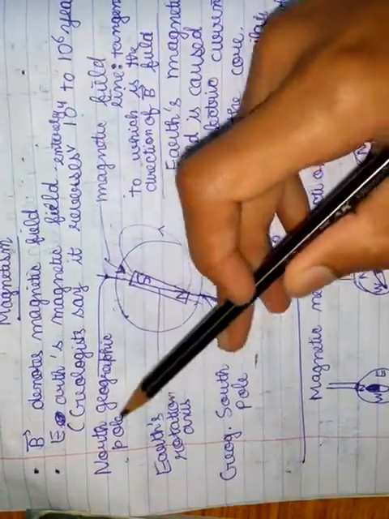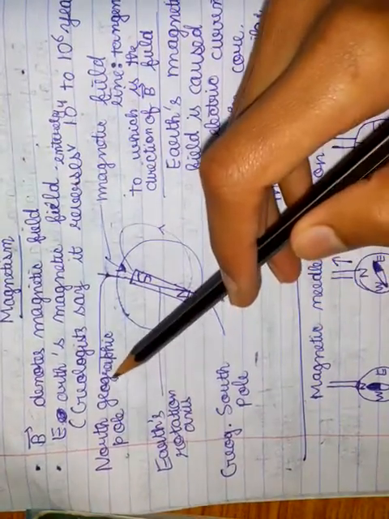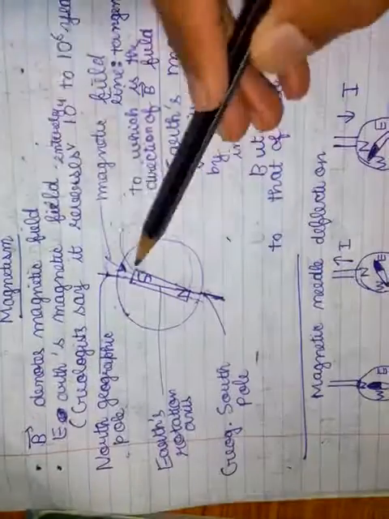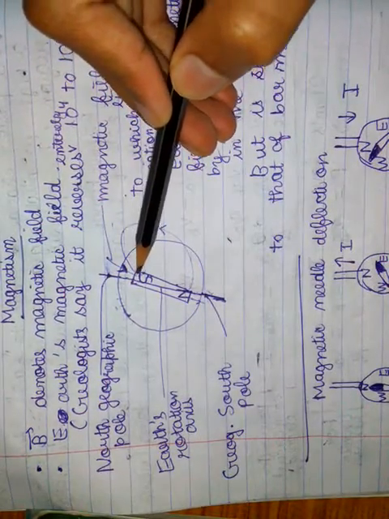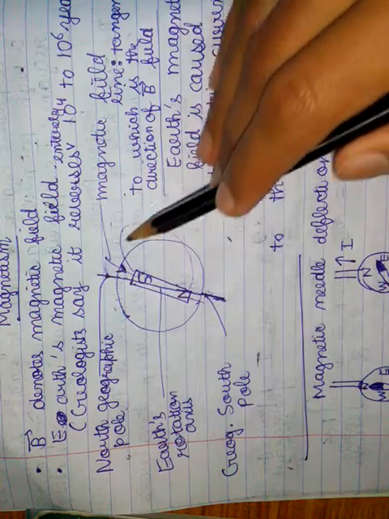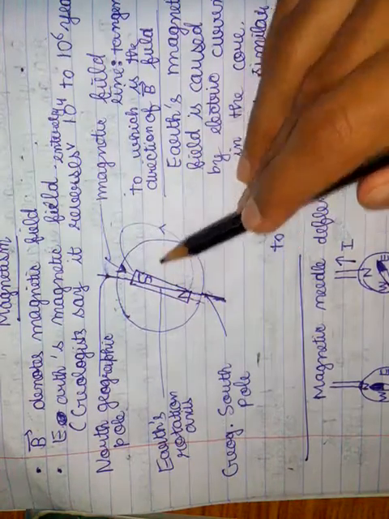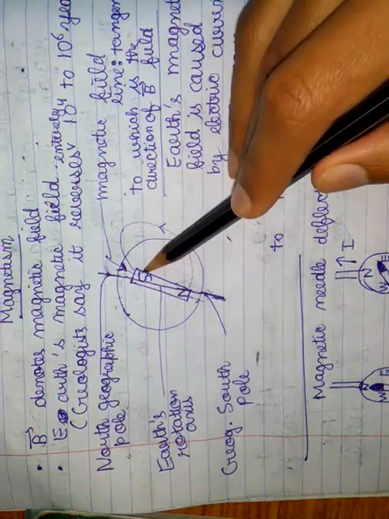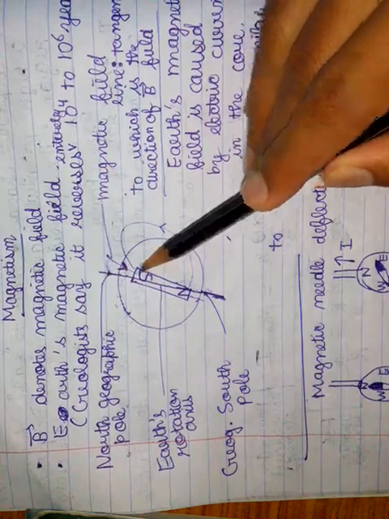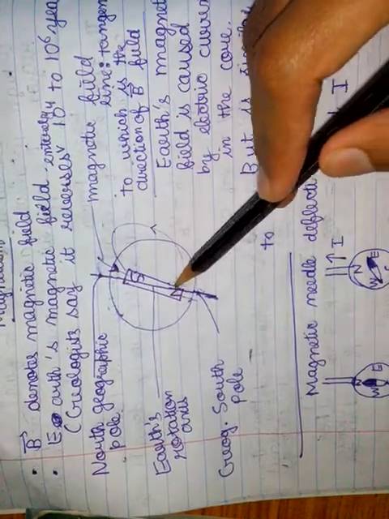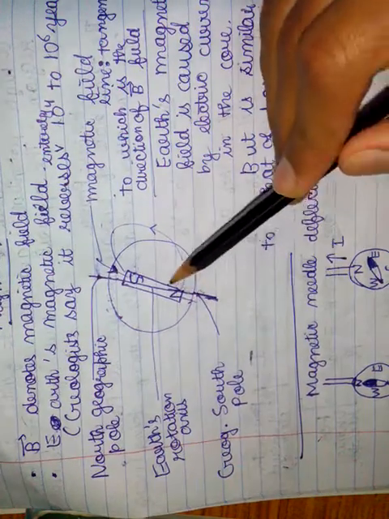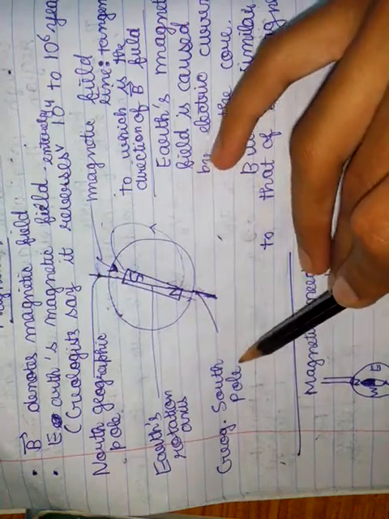Another thing to note is that the north geographic pole is actually in the direction of the Earth's magnet's south pole, and the Earth's magnet's north pole is in the direction of the geographic south pole.